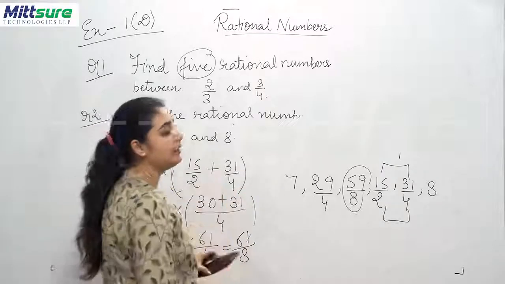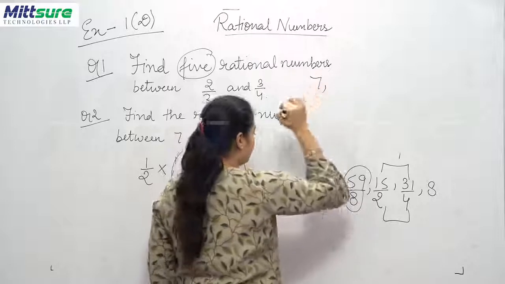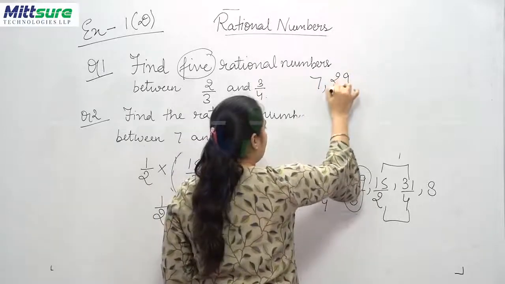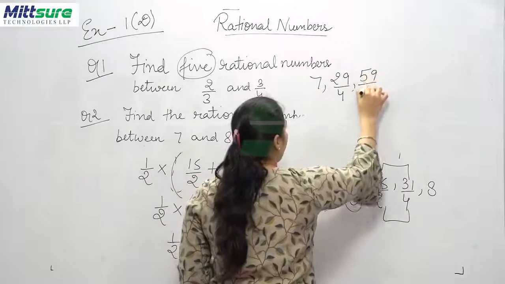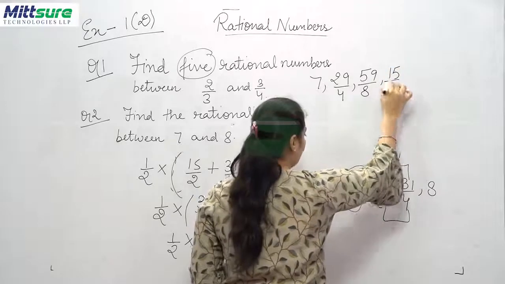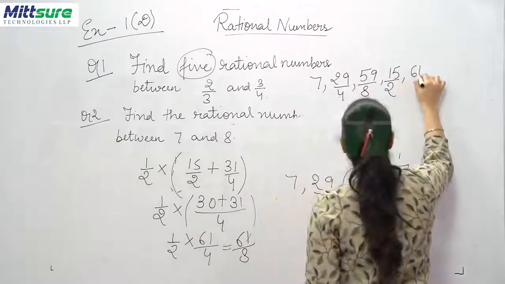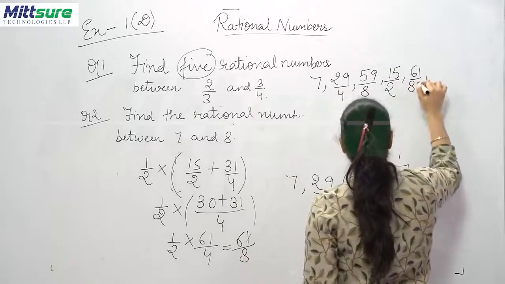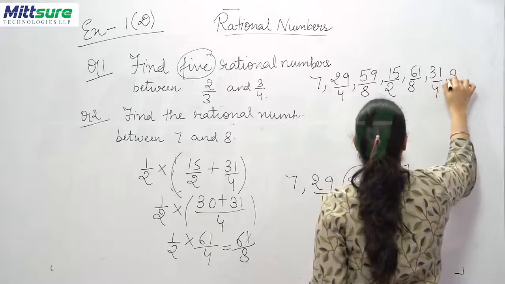So, again the range has increased. From 7 as the first number, 29 upon 4, then I got 59 upon 8, then the midline number 15 upon 2, then the number which came is 61 upon 8, then 31 upon 4 and finally 8.